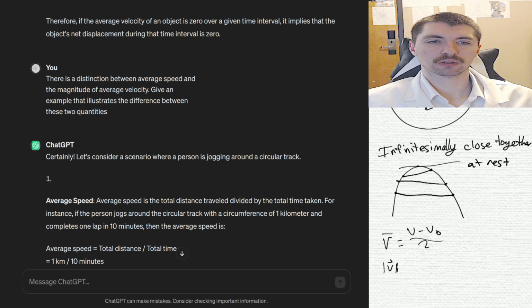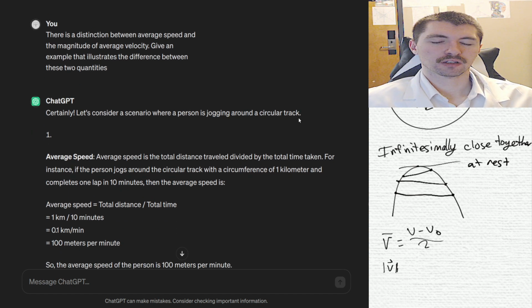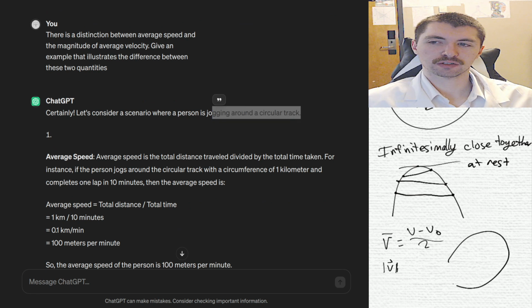So give an example that illustrates the difference between these two quantities. The language model is talking about going around a track field.